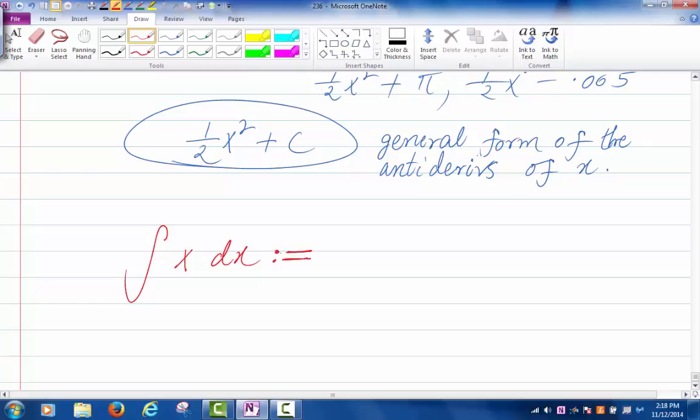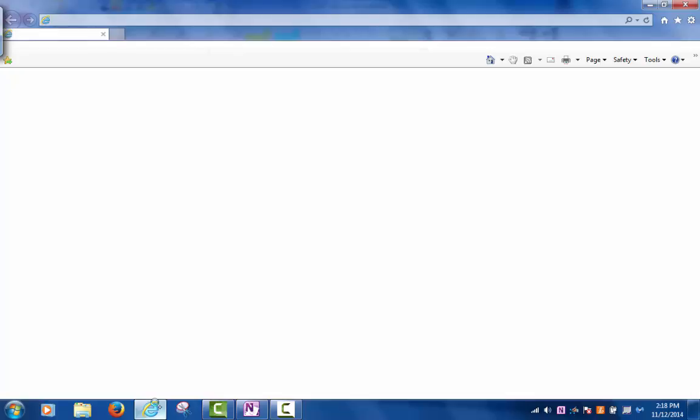Remember this symbol d dx of some function f of x, right? What does that symbol mean, d dx? D dx means we are taking derivative, right? So same way, this symbol means that we are taking the antiderivative.